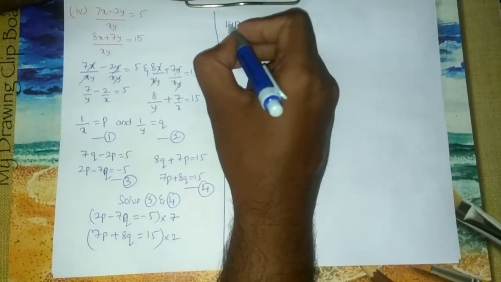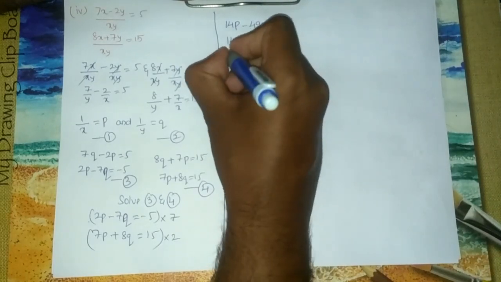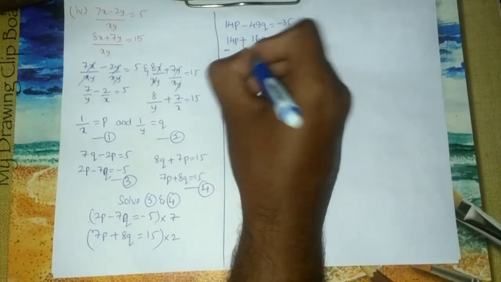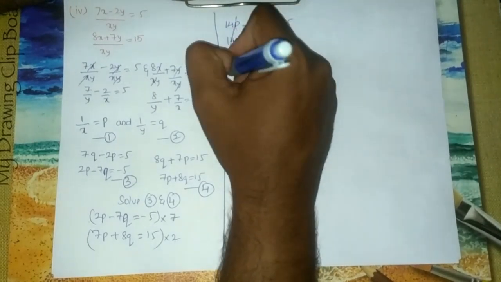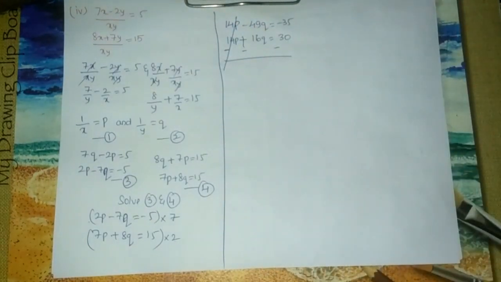So change the sign because both are in plus, so I'll make this as minus, plus means minus, and this is plus, make it minus. 14p will get cancelled.